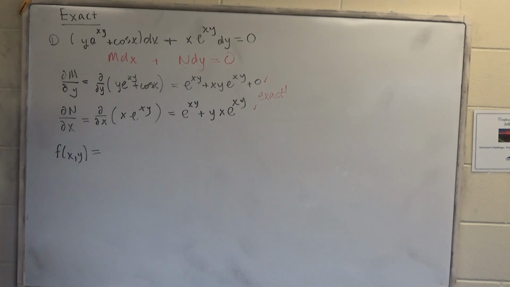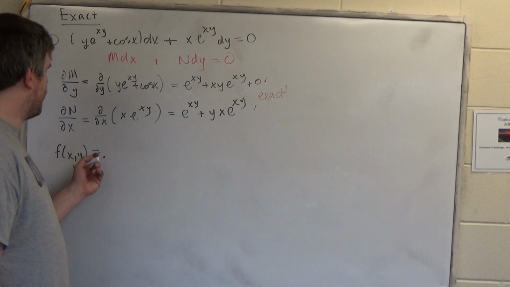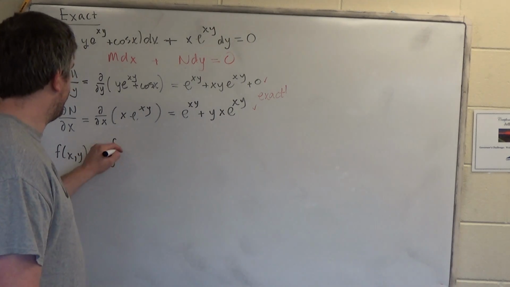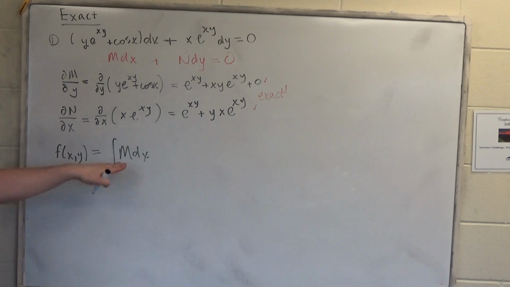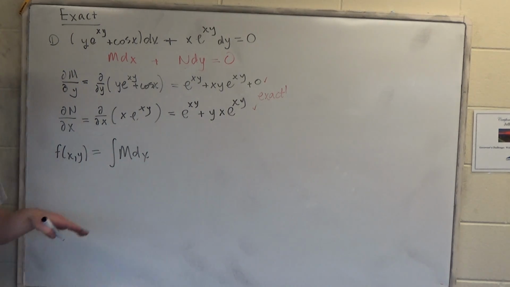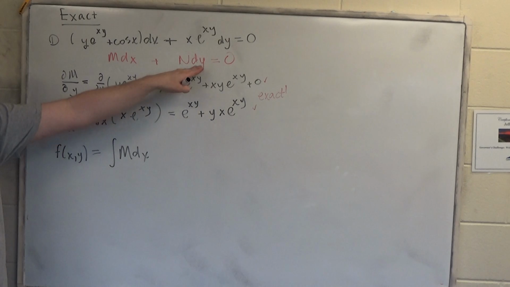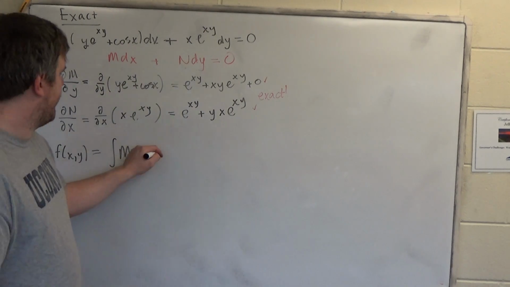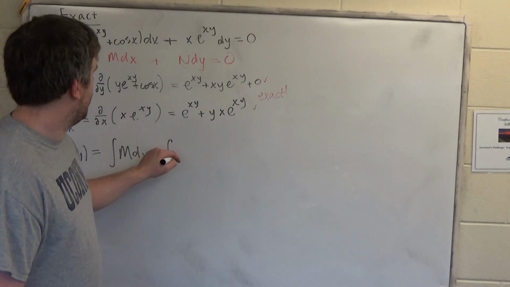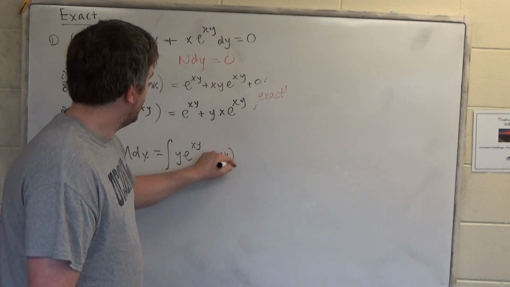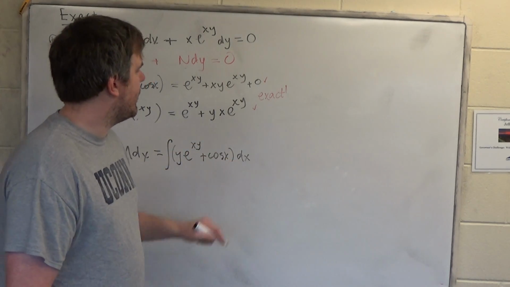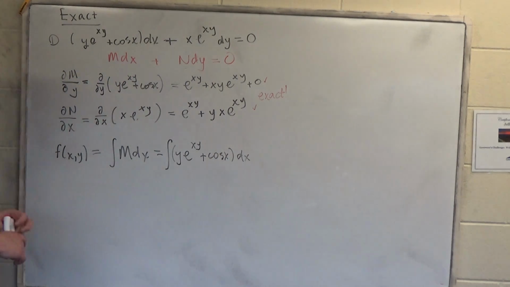But f(x,y) is given by the integral of, and you can choose either one you want, I'm going to integrate M with respect to x, or we could integrate N with respect to y. It doesn't really matter which one you choose. You won't be able to duck out of any complicated integrals.